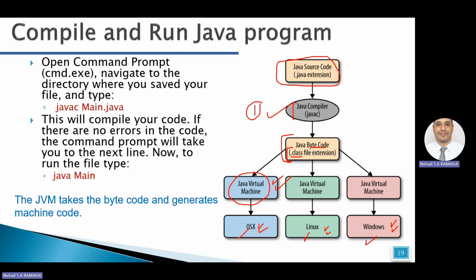So it can be run using almost any operating system. This is the idea of why Java has a compiler and an interpreter: the compiler compiles the code to Java bytecode, and the interpreter, which is the Java Virtual Machine, runs the code in the operating system.